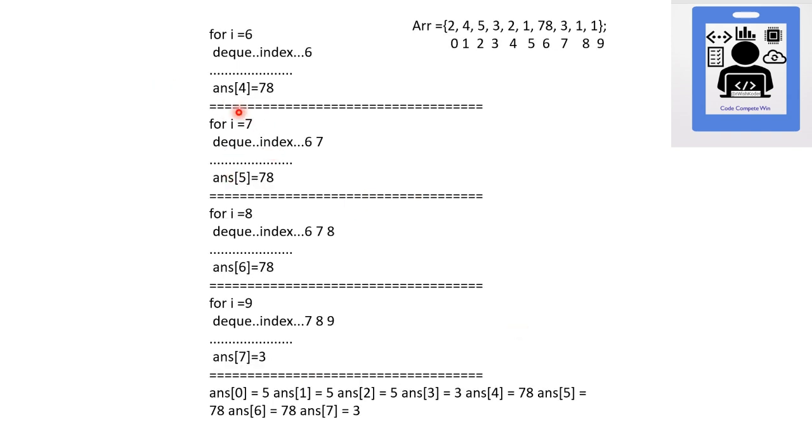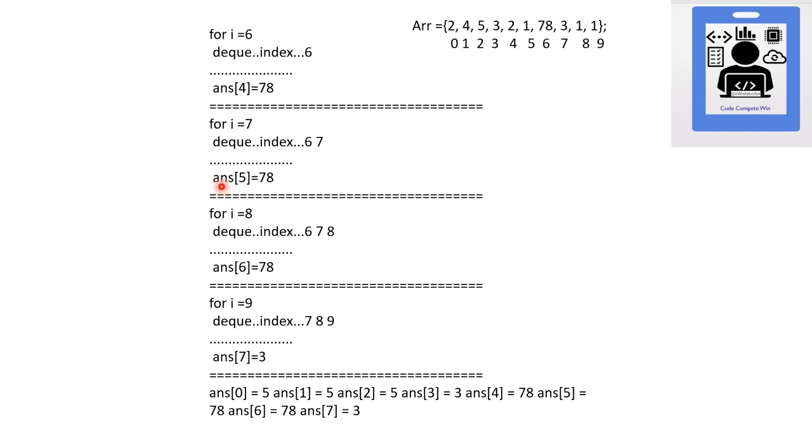So for i equals 7, again you can see that 3 is less than 78. So we do nothing and simply insert 7 inside our deque. So our deque becomes 6 and 7. And now again we store the answer.